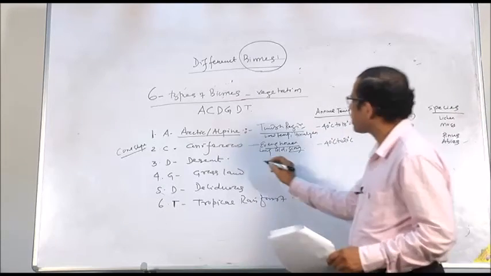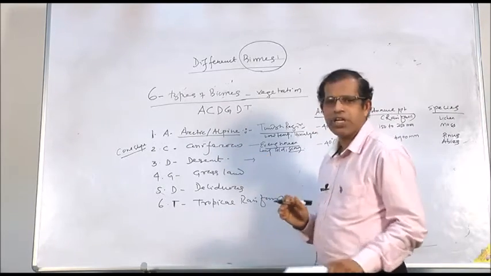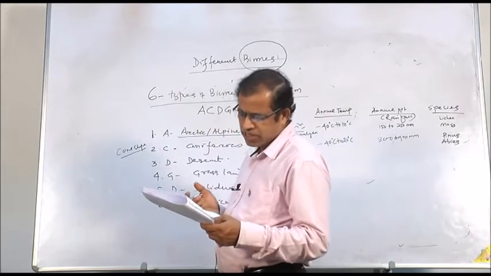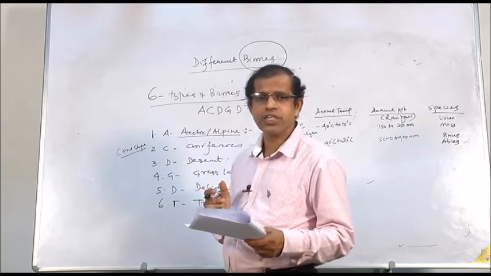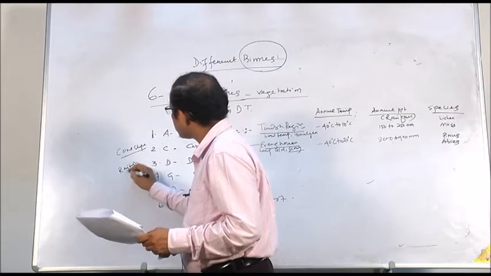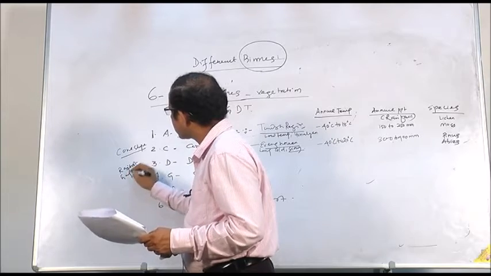So, the third category, the desert. As we know, in India you will find the Rann of Kutch in Gujarat, and the sandy desert in Rajasthan. You will come across this desert in Rajasthan and Gujarat.